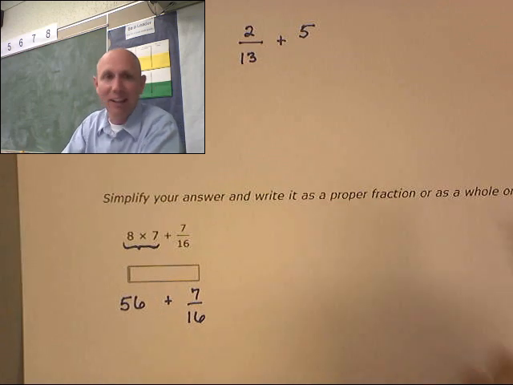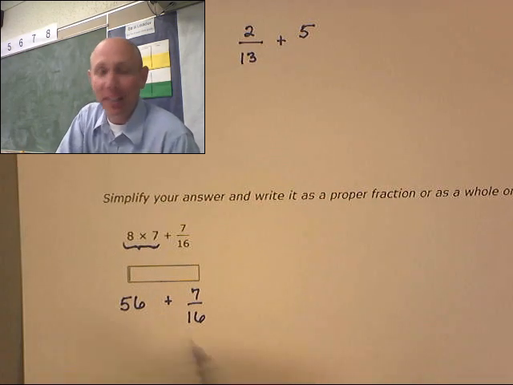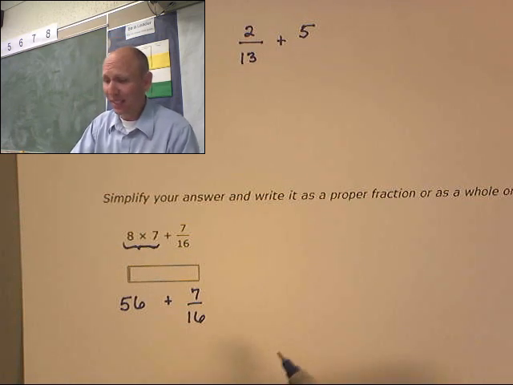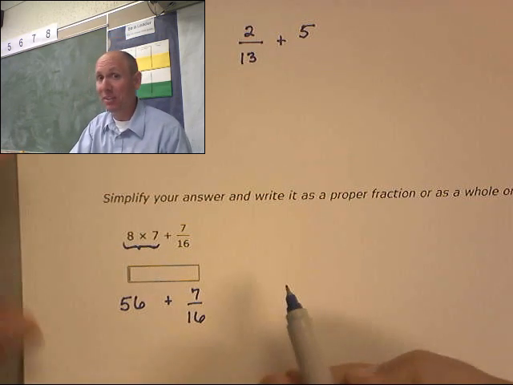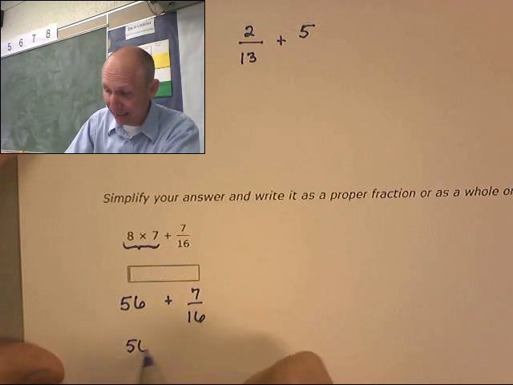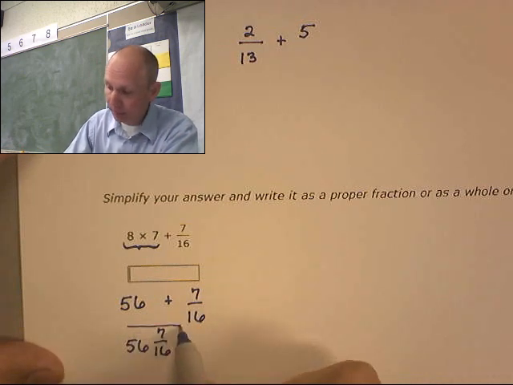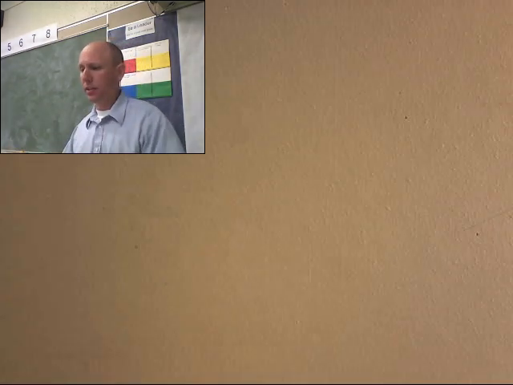And once again, these are simpler problems than I was expecting. I have 56 plus 7/16. Well, that's 56 and 7/16. There we go. Next page.